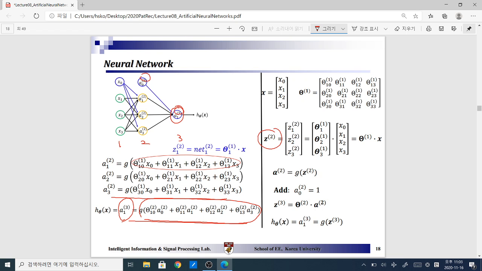Z, remember Z would be the same as the net, or the aggregated sum of the weighted input features. So this is the same as net. So net at, say, layer 2.